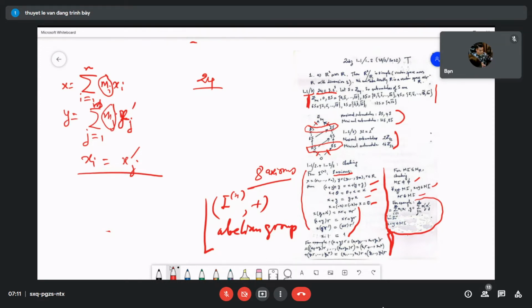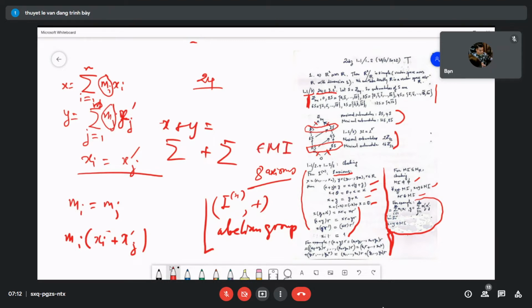So for example, mi is equal to mj. So you can take the mi here, and here is mi plus xj prime, something like this. But in any case, you can write x plus y is equal to sigma plus sigma, and that is enough, because it belongs to mi. Okay, so that is only checking.